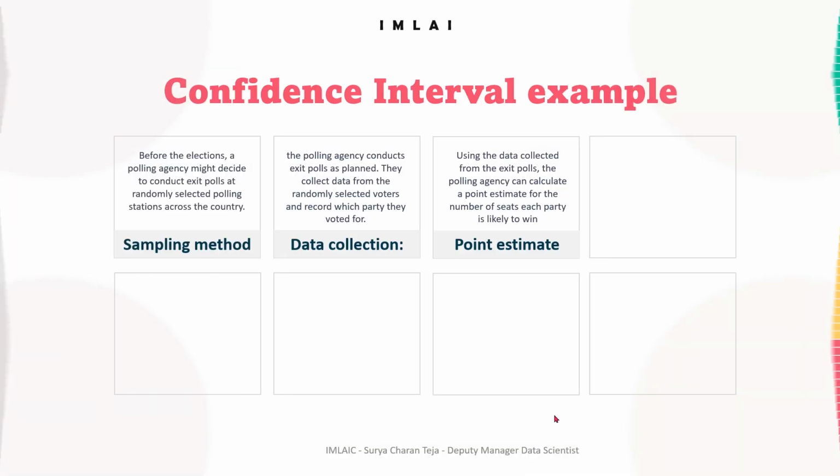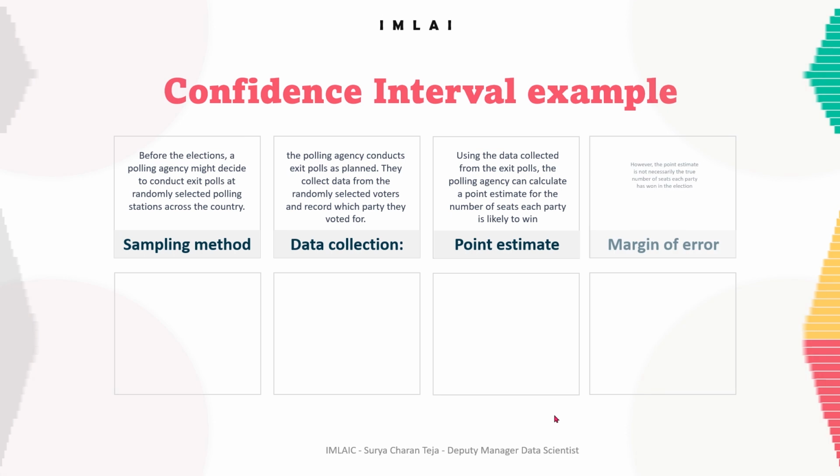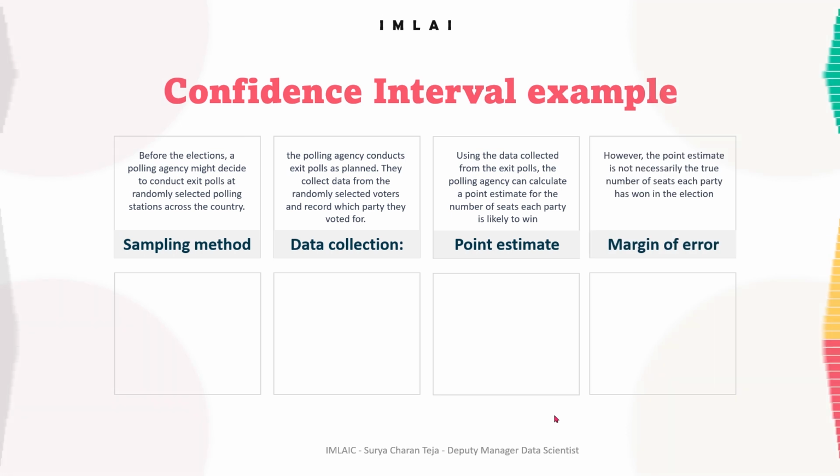Next, once that is done, we will go for the margin of error. However, the point estimate is not necessarily the true number of seats each party has won in that election. There is a margin of error associated with any estimate based on a sample. So in our example, the margin of error is 10 seats.